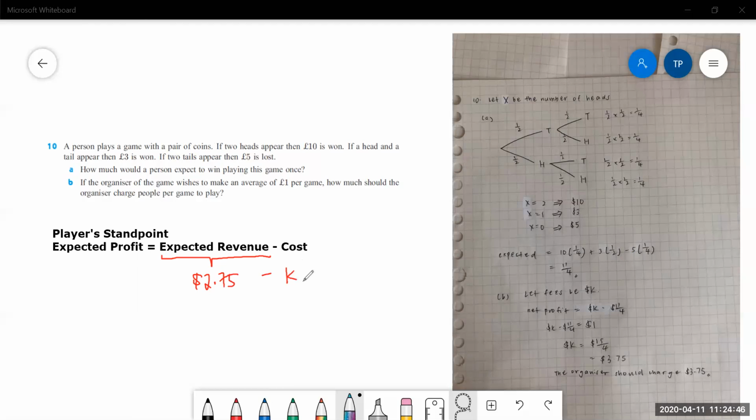Yes, it's correct. Okay. So we want the player... Oh, wait a minute. Wishes to make an average of $1 per game.